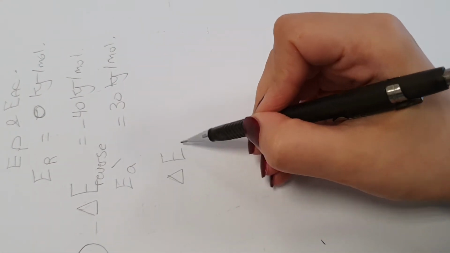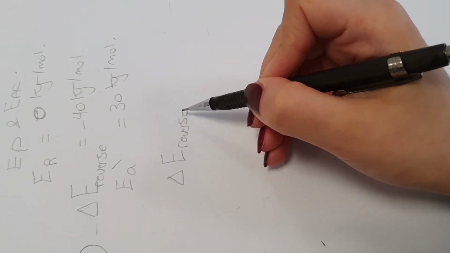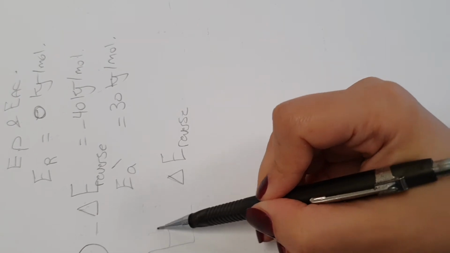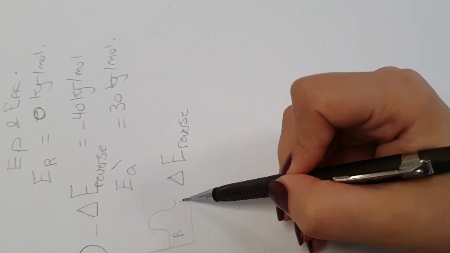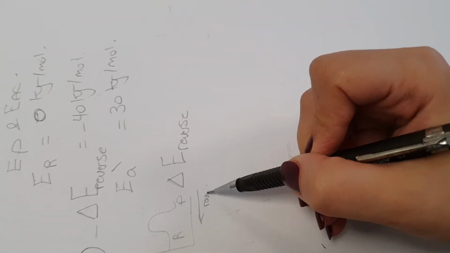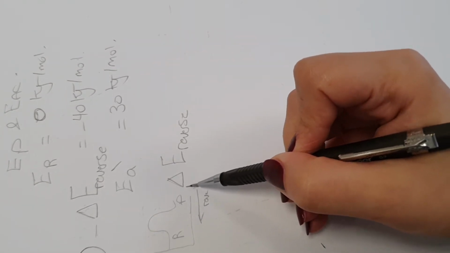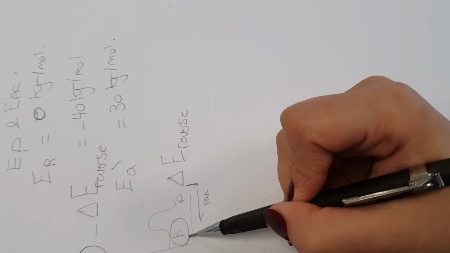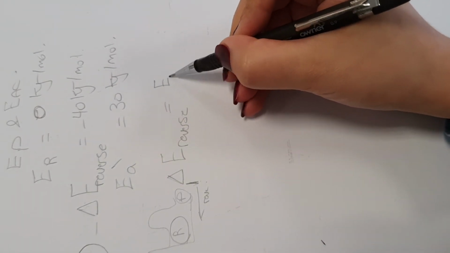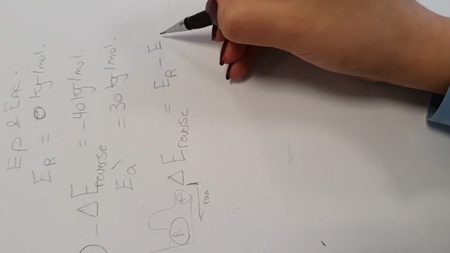Okay, energy of reverse. If I go back to the drawing, here I have reactants and here I have products, and here is the reverse. So where is my final? Where is my initial? As we said, it's all final minus initial.